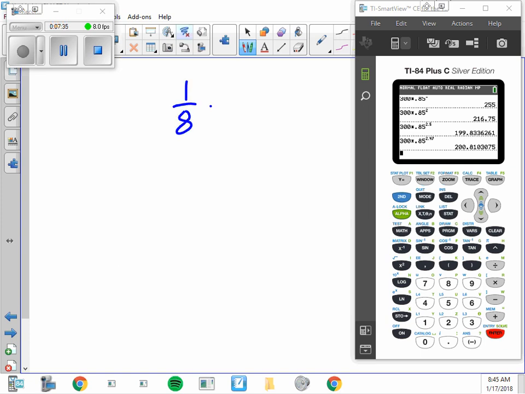What is the chance of getting a number bigger than 3 on the second spin? There are 5 of those. 5/8. So the answer is 1 times 5 is 5, and 8 times 8 is 64. So 5 out of 64 is the solution.